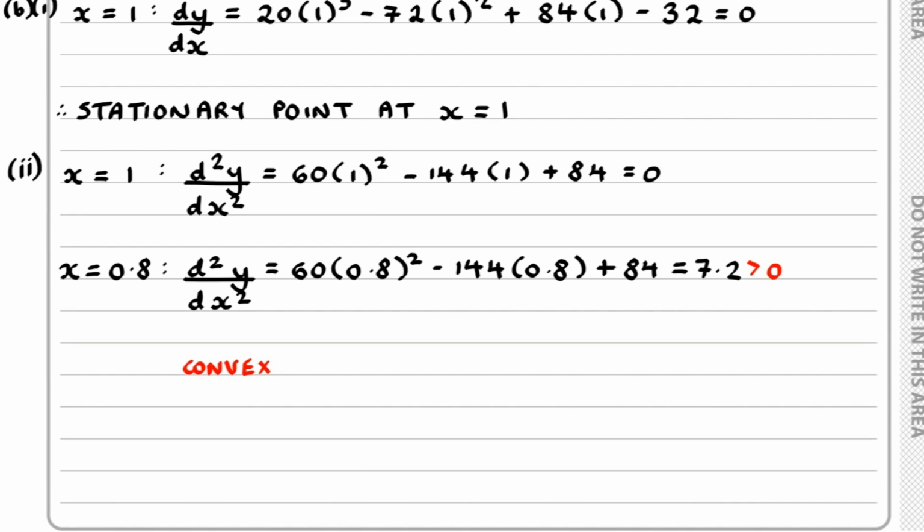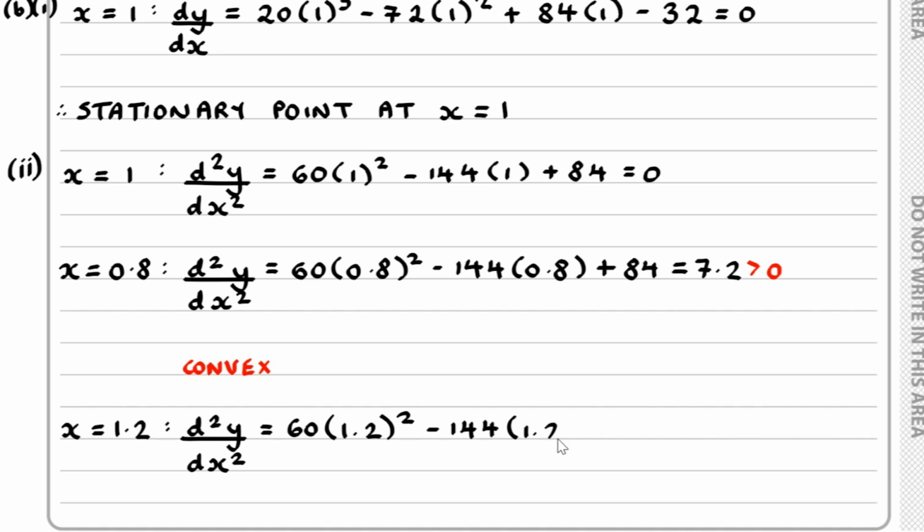and when x equals 1.2, say, d squared y over dx squared, we have 60 lots of 1.2 squared minus 144 lots of 1.2 plus 84.